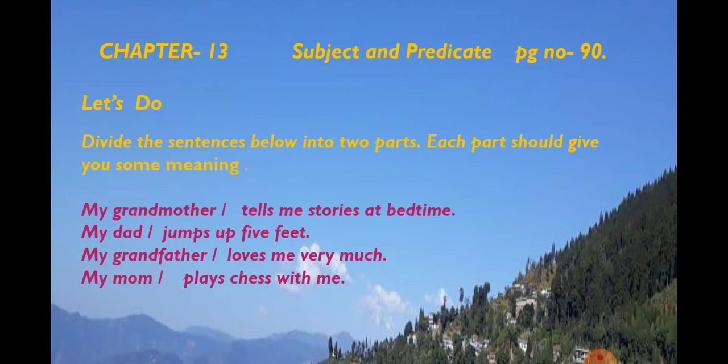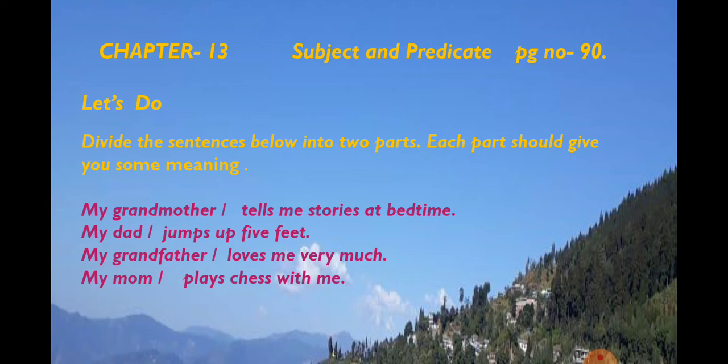The first sentence is: my grandmother tells me stories at bedtime. So we have to ask the question who tells you stories at bedtime? My grandmother. So my grandmother becomes your subject and tells me stories at bedtime becomes your predicate. So that is how you are going to divide it.